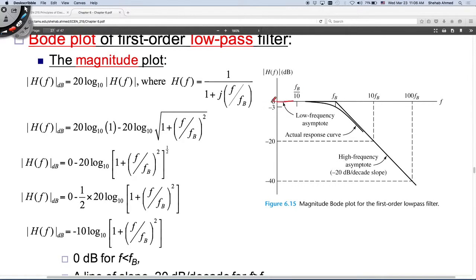I know at low frequencies I start at 0, right? And then how about at f much larger than fb? Log base 10 of a large number.